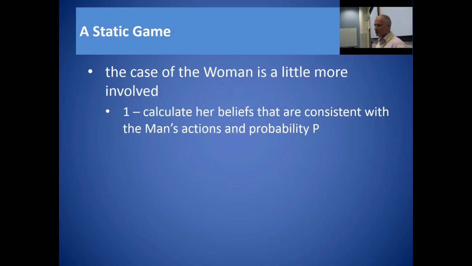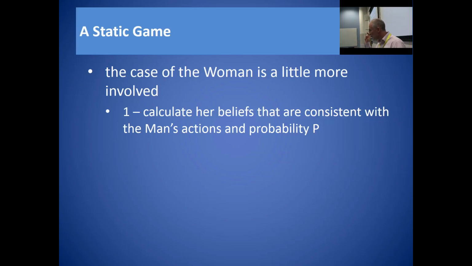So, how do we calculate this? Well, firstly, what we need to do is calculate her beliefs, what she thinks the outcomes are going to be, but consistent with both the actions of the man, that if he's a party lover, he'll go to the party, and if he's not a party lover, he'll go to the hotel.